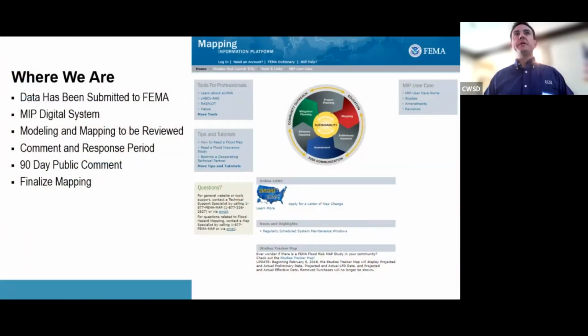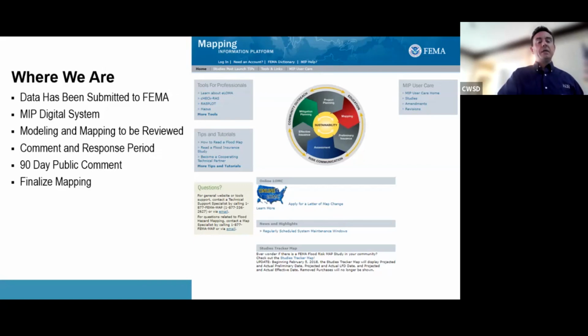All the data has been submitted to FEMA and the MIP. I just saw Debbie cringe a little bit. The digital data has been submitted. The modeling and mapping is to be reviewed by FEMA. So that's where we're at right now: FEMA is going to review the modeling and the mapping that we did and provide feedback to us.